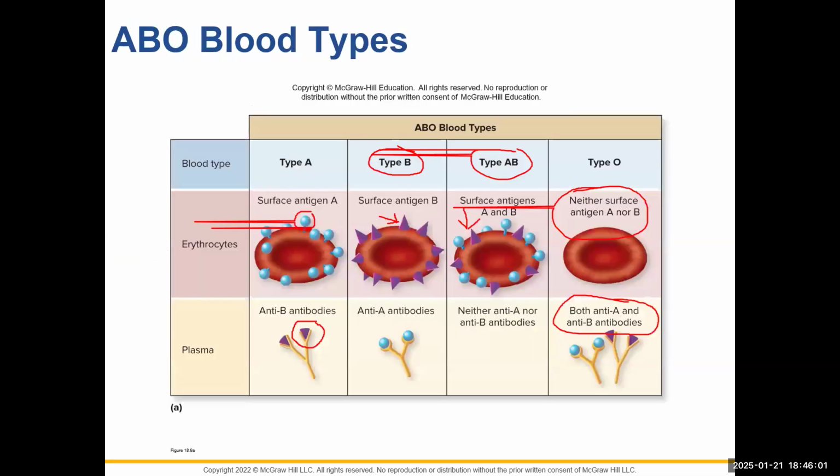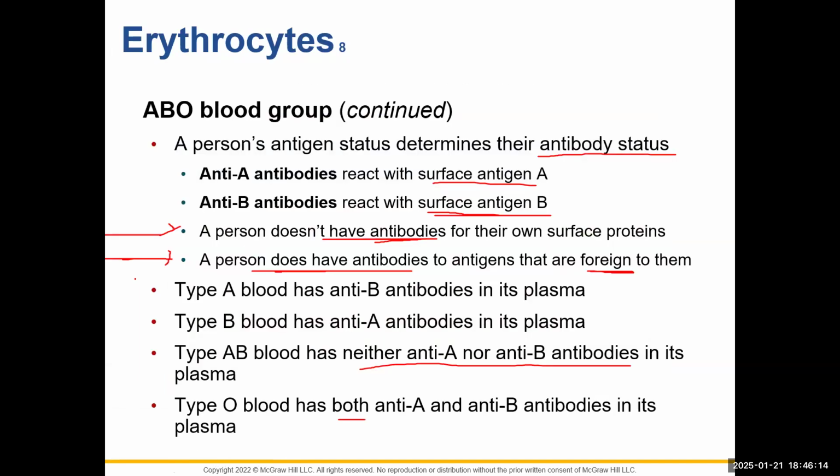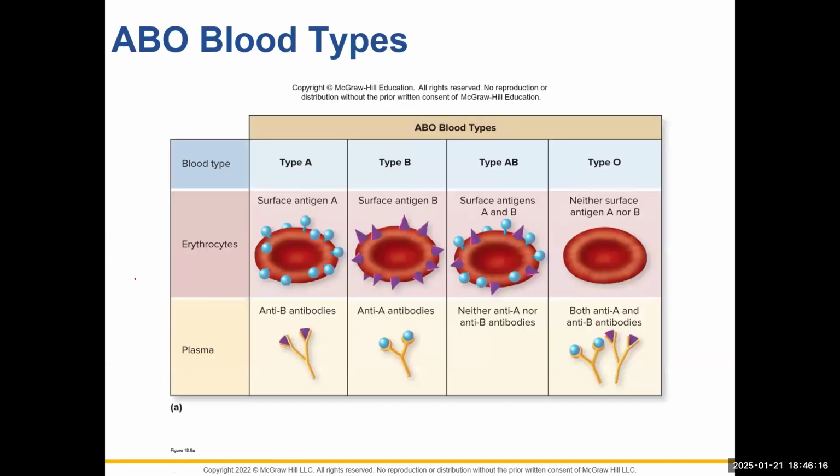So this chart really will help you, I would say, if you're still having some issues with the conceptualization of it. Memorize it for now. All right, and then just reread this slide a couple times. It will make sense to you, I promise you. Trust me. Just keep in mind, a blood type will not carry antibodies for its own surface antigen.